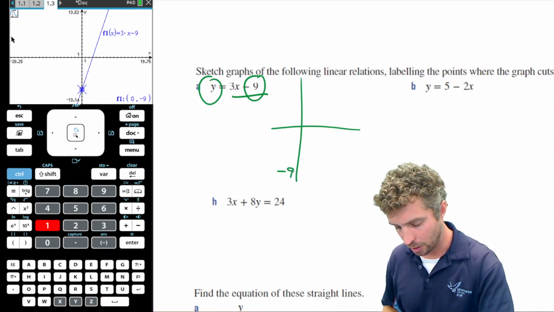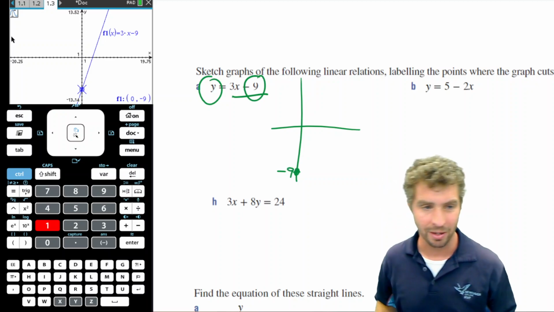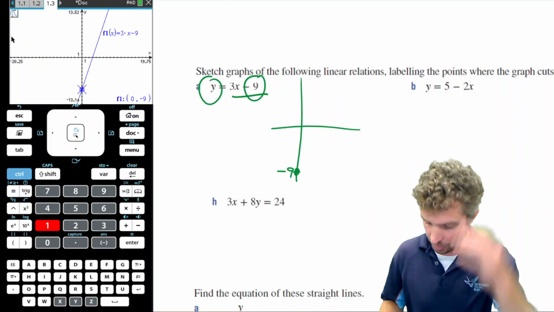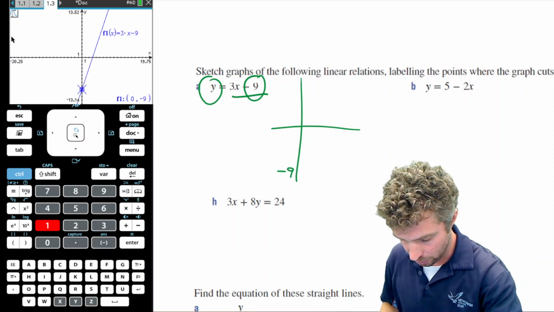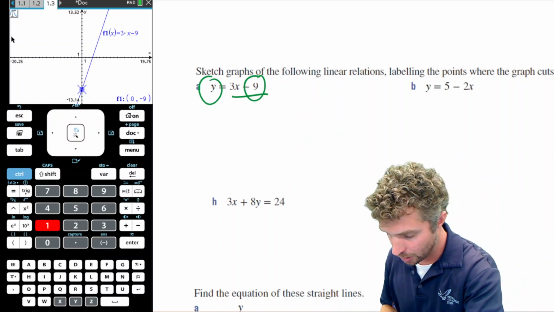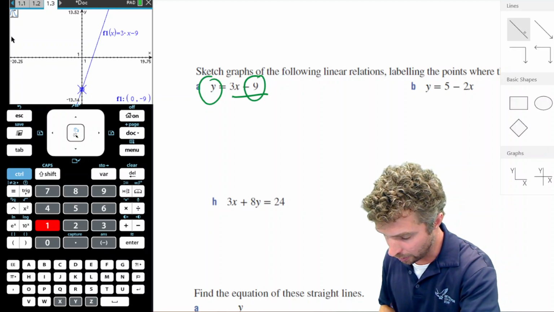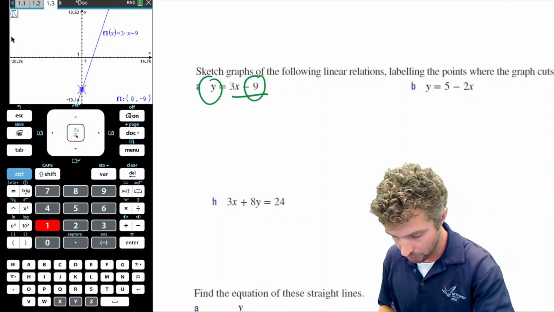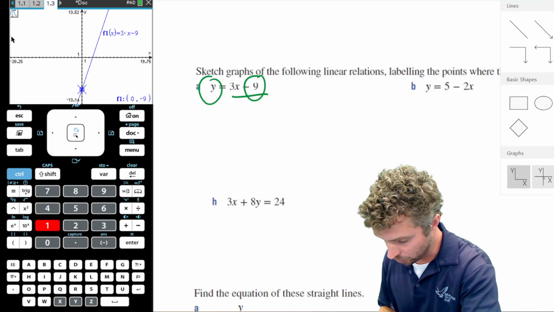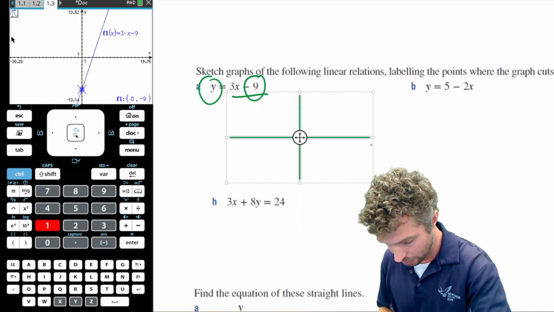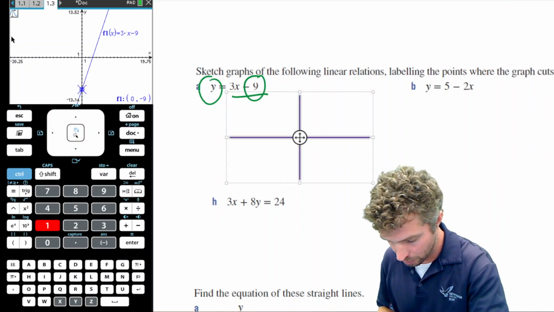Depending on how accurate you want to be here, let's do this properly. I'm going to add an xy axis. Okay.